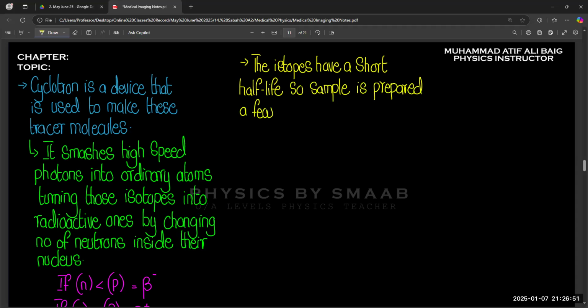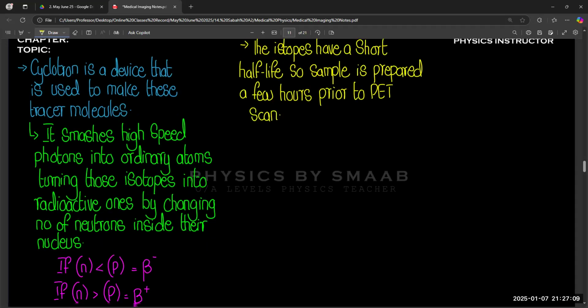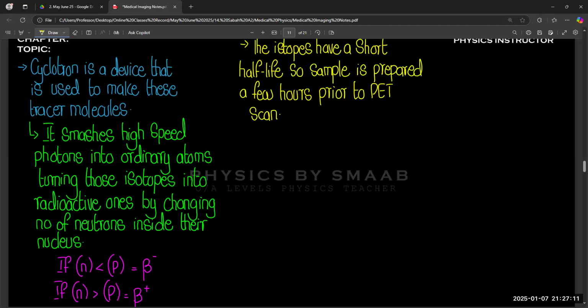Otherwise, it loses its half-life to a lower value. For example, if somebody needs to perform this PET scan, at least 2 hours before the scanning, they need to prepare this sample.